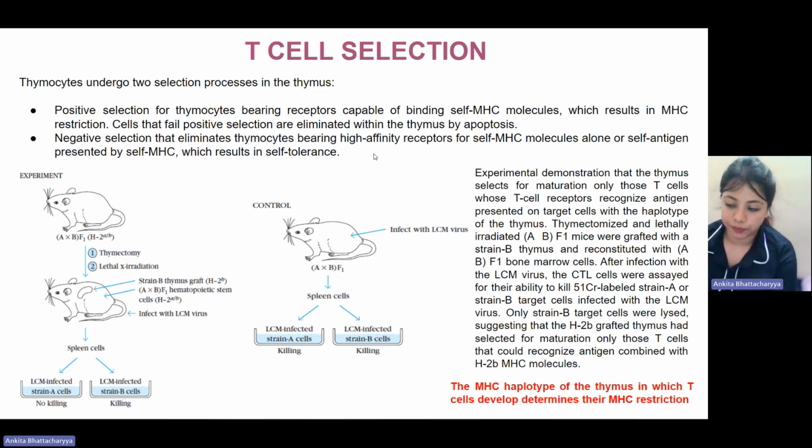Okay, so the first term, you already are familiar with it from the lectures, I presume, but I'll just try to brush up your memory regarding this. When we say self-MHC restriction, it means that our T cells, our immune system, needs to have some component which allows it the ability to distinguish between self and non-self.